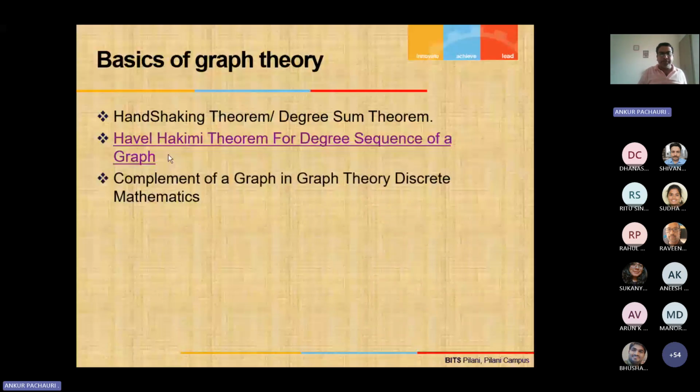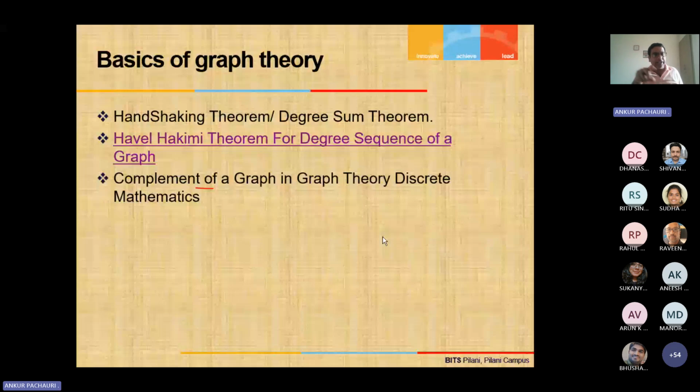Complement of a graph. Complement means just reverse. If there is an edge in the original graph, in the complement graph that edge will not be there.